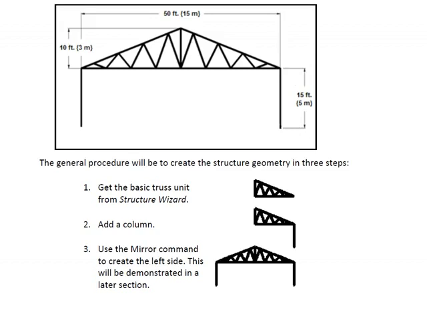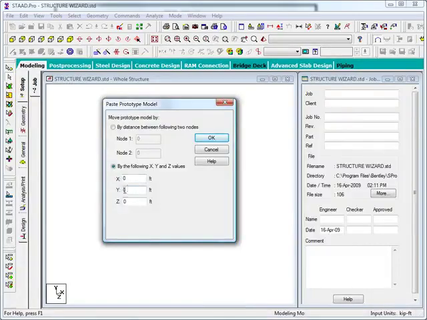So one logical thing that we might choose to do in order to avoid any negative coordinates in this model is we might choose to insert this truss at an elevation of y equals 15 feet in anticipation of dropping that 15-foot tall column and having the bottom of the column end up with a y equals 0 coordinate. So I'll set my coordinates to 0, 15, 0 and say OK.